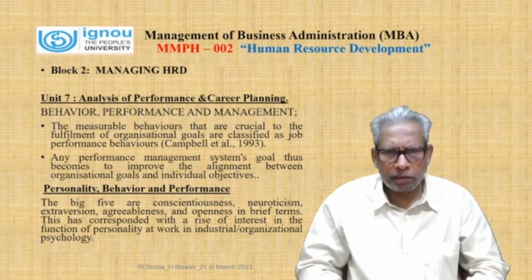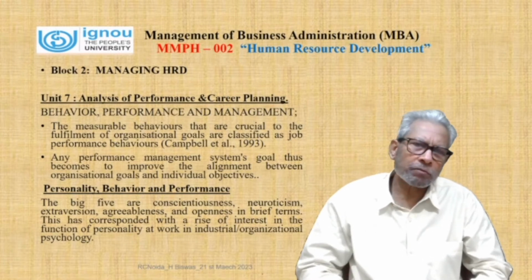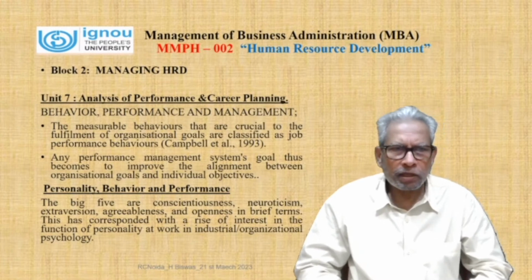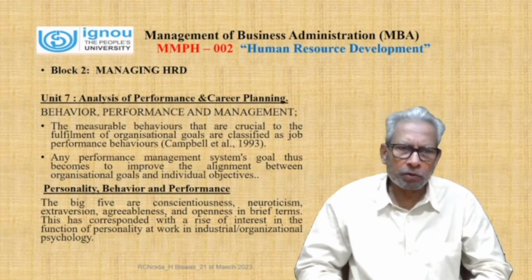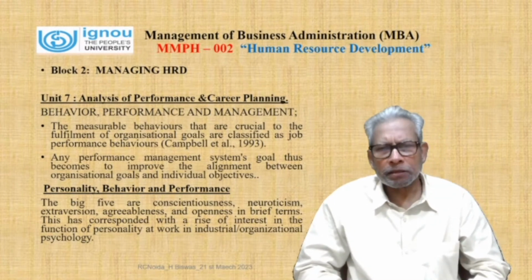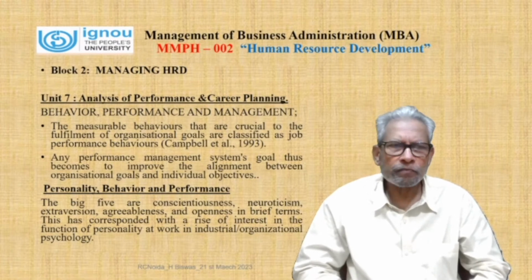Behavioral performance and the management part is actually measurable. The behavioral pattern can be measurable at crucial stages, can fulfill many organizational goals, and is classified as job performance behaviors. Campbell, in 1993, authored and developed these measurable systems.